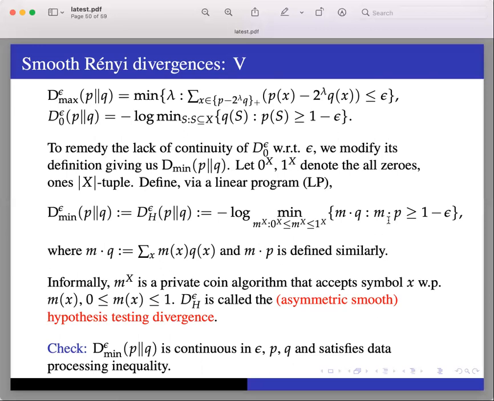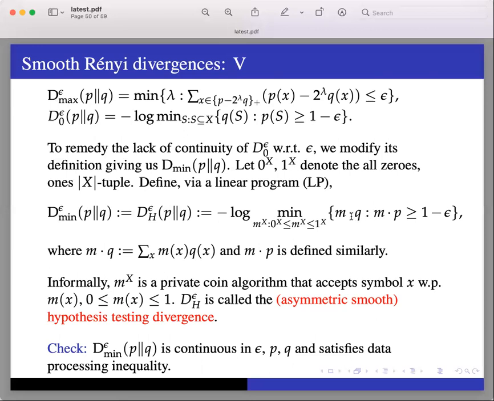There's another linear constraint which says that the dot product of m with P is greater than or equal to 1 minus epsilon. And the objective function is also a linear function. I want to minimize m dot Q subject to these constraints. So this is a minimizing linear program, and then I compute the optimum value and take the negative log.